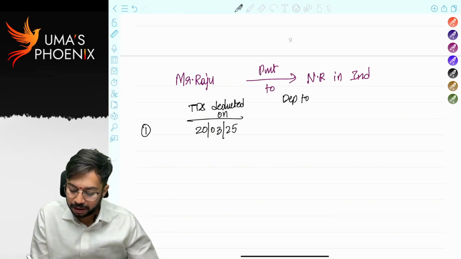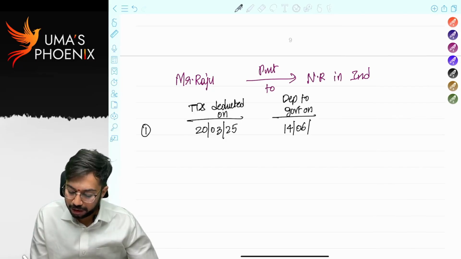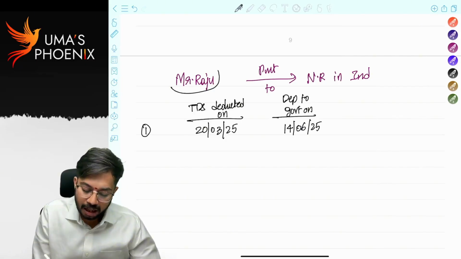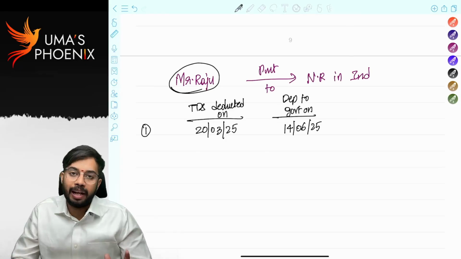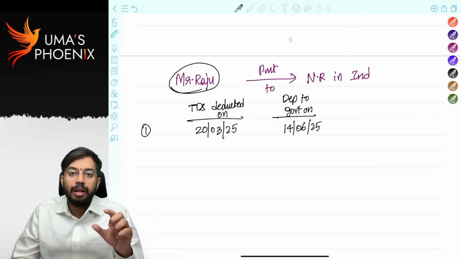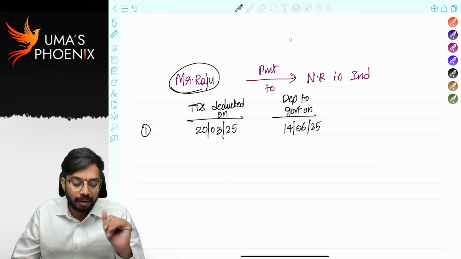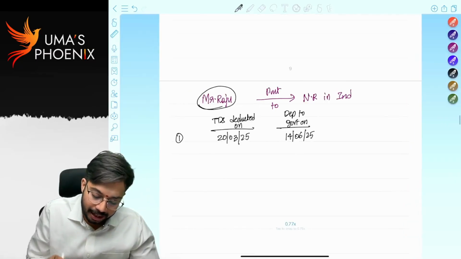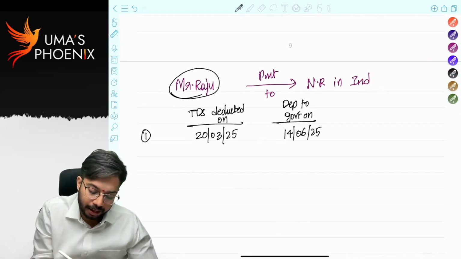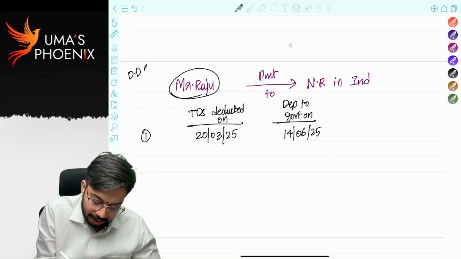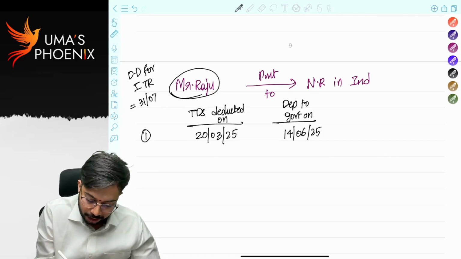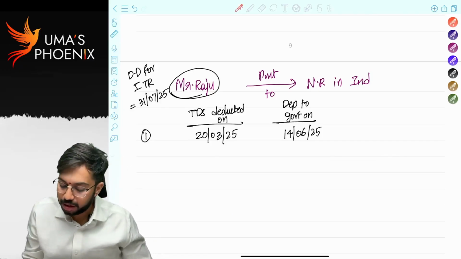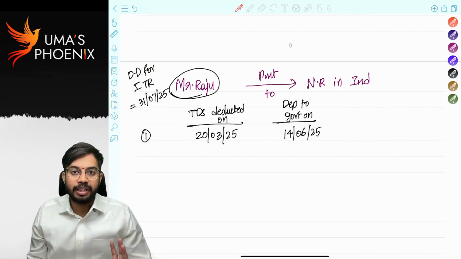Deducted TDS deposited to the government on 14th June 2025. Now for Mr. Raju, what is the due date for filing ITR? Let's say for him tax audit is not applicable. So for him the due date for filing ITR is 31st July 2025. Now we have to check the conditions.